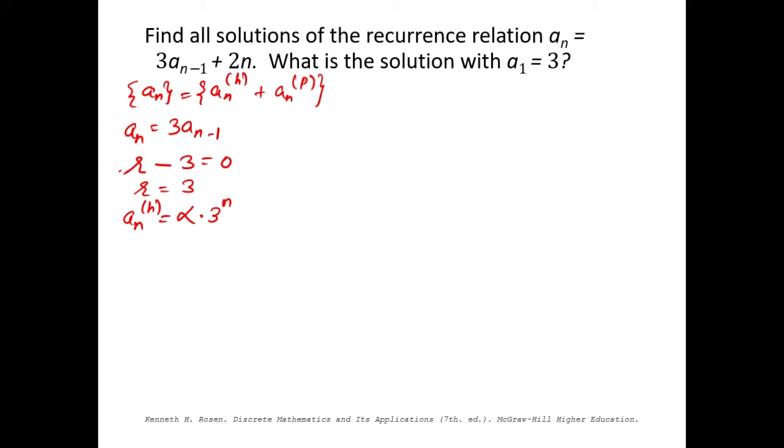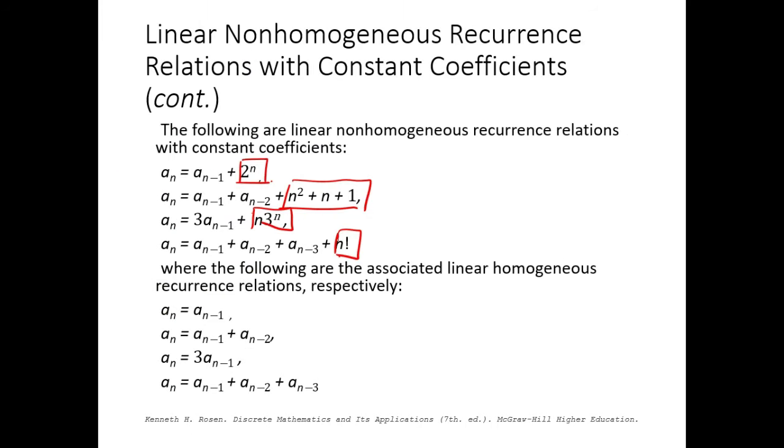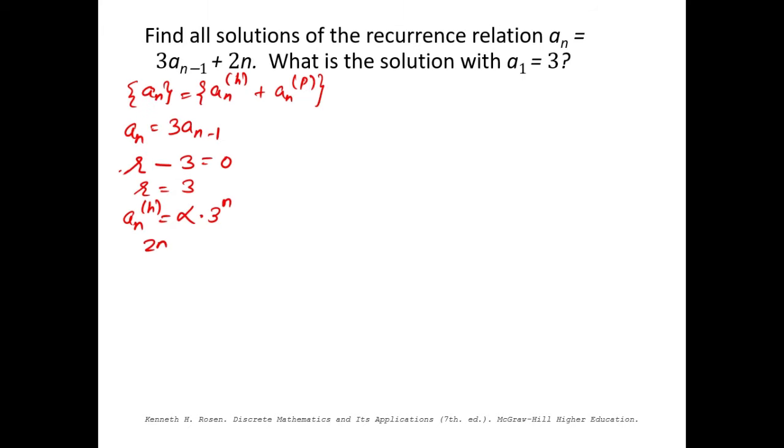Now for the particular part of the equation, that is 2n. If you look at the previous non-homogeneous equations, we can see that the non-homogeneous part is 2 raised to n, or n square plus n plus 1, or n cube, or n into 3 raised to n, or n factorial. In general, this 2n is of the form of a straight line equation.